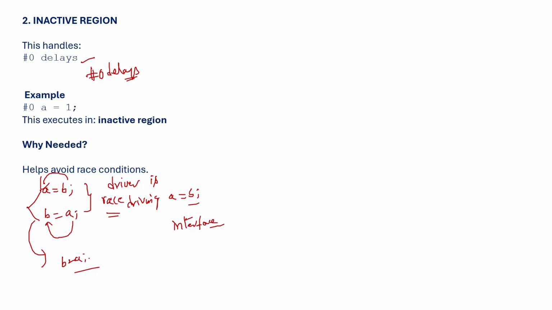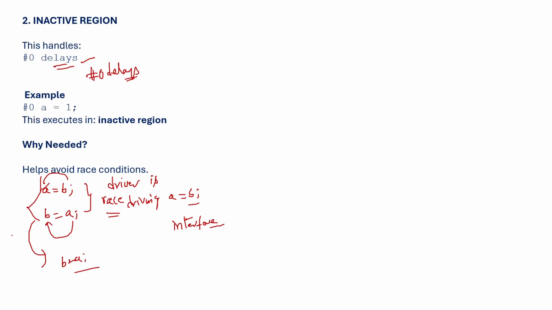It is like I say this mouse is mine, and then someone comes saying no, this mouse is mine, I have the bill in my hand. Then I need to judge whose mouse this actually is. This will be avoided by the inactive region. The #0 statements will avoid this one.